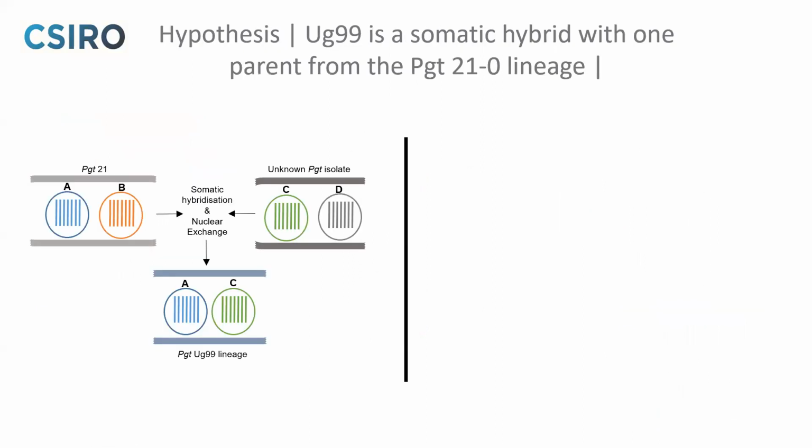So this allows us to develop the hypothesis that Ug99 is a somatic hybrid with one of the parents from the PGT21 lineage. In this scenario, this member of the lineage donated the A genome after hybridizing with an unknown isolate that donated the C genome. And this became the progenitor of Ug99.